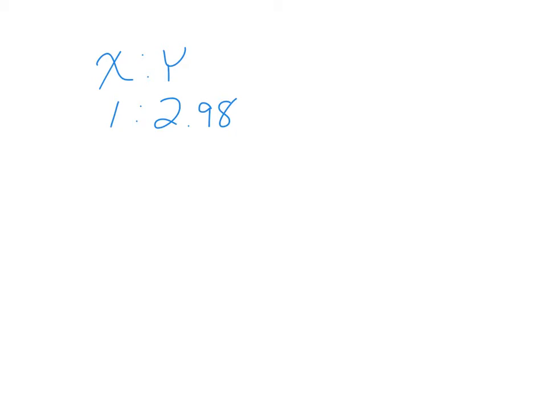And so when I look at this data, I'm pretty confident that the 2.98 not being exactly 3 is likely the result of some sort of experimental error. So I'm well within my reason to go ahead and say, well, that's probably intended to be 1 to 3. And then I can go from there to construct my empirical formula. So it would be 1 X for every 3 Y, so XY3 as an example.